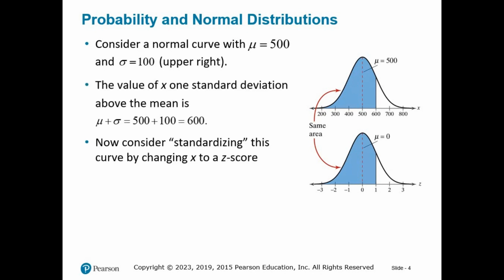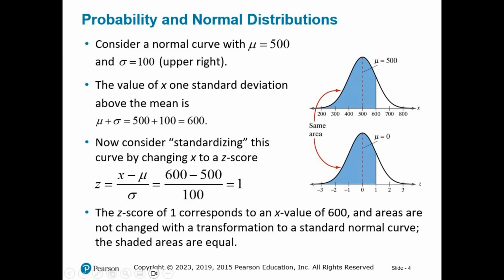If we standardize the distribution using the formula z equals x minus mean divided by standard deviation, we would have 600 minus 500, which gives us 100, divided by the standard deviation of 100, which gives us 1. That would mean we have a z-score of 1. When you look at the graph, it matches up with what the graph of the original distribution was.